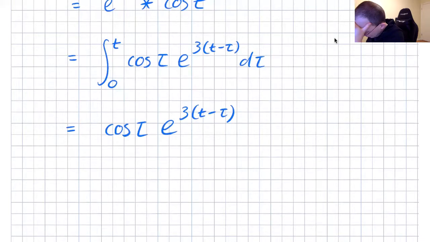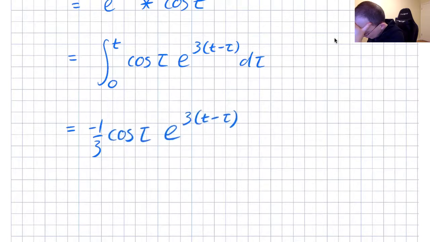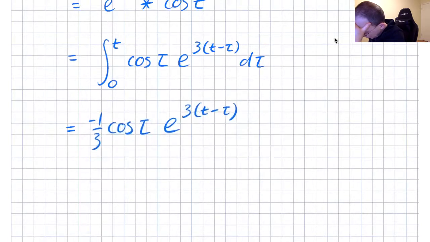So if I take the derivative of this, I will get this times minus 3. So I need to divide by minus 3. So negative 1 over 3. Okay, so that's what we'll get there.